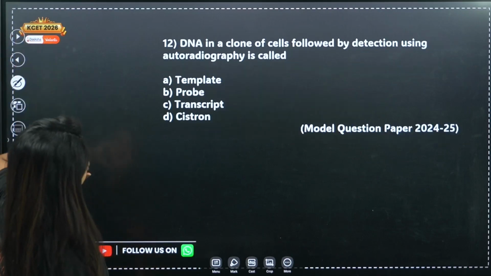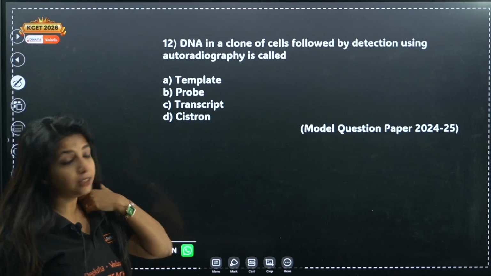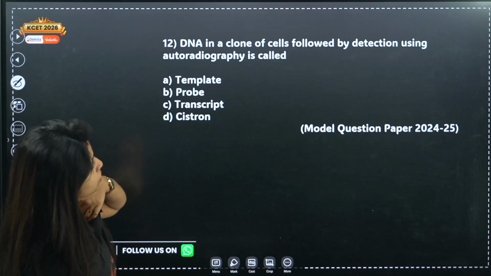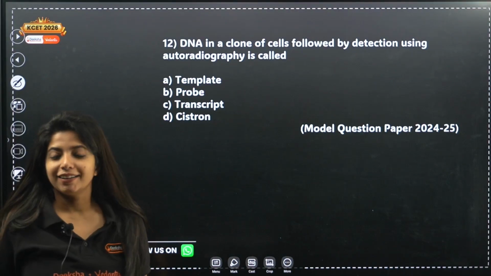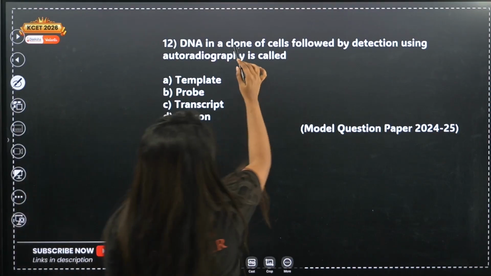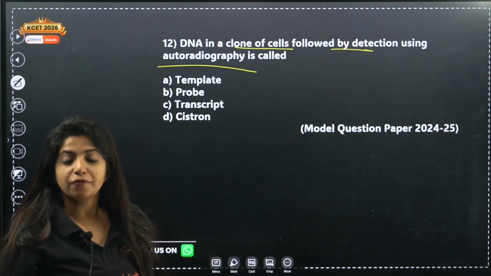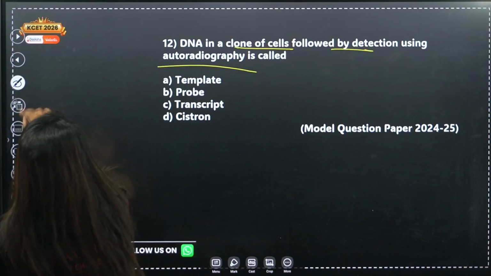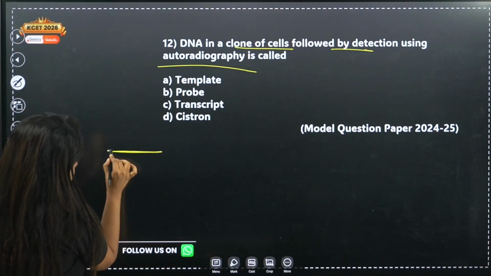Now going ahead with the next question, question number 12. This is a model question paper question of the previous year. DNA in a clone of cells followed by detection using autoradiography is called. So my dear children, usually what happens, suppose I have a segment.